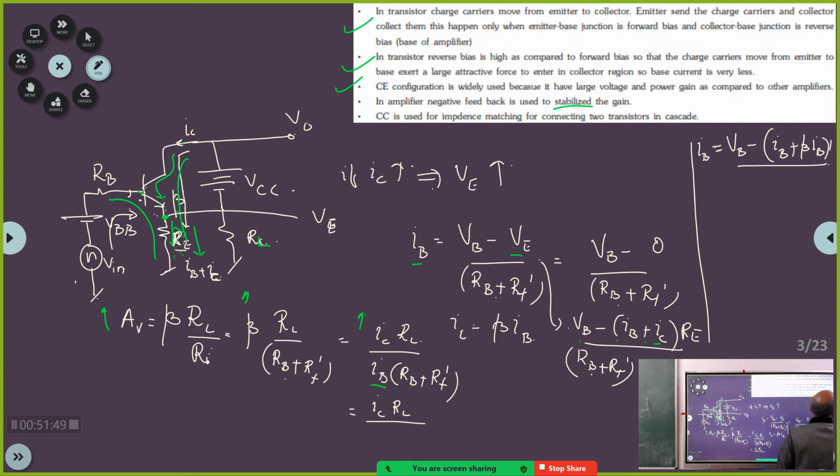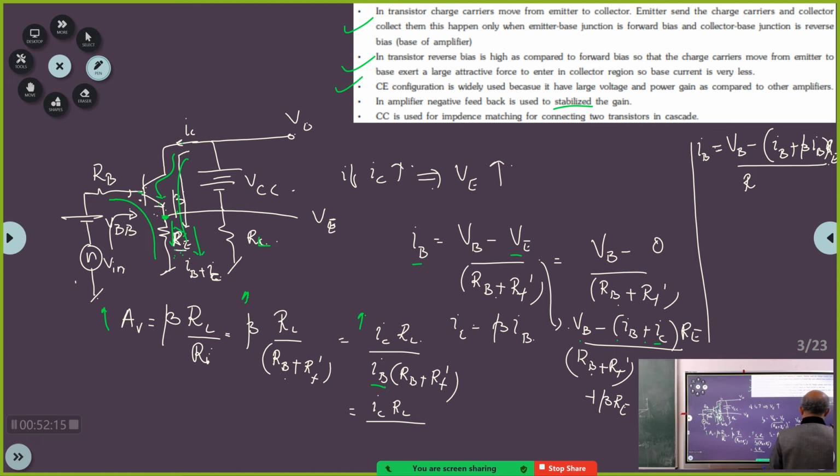Correct? Into RE, divided by, here it is not just RB plus RF, because this resistor also will come into picture. So this will be plus beta times RE.